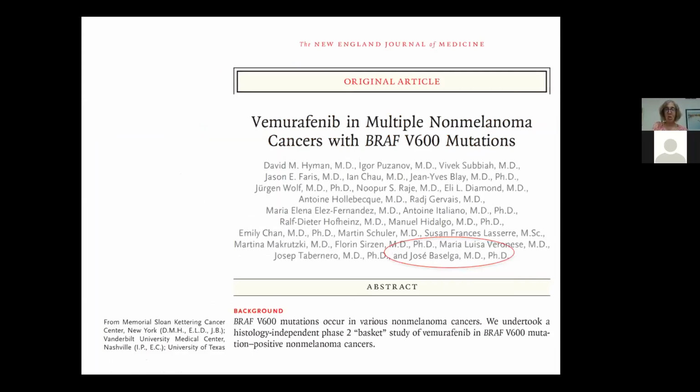Another thing you can do just to add some interest is, here we're coming back to this paper, this clinical trial, where vemurafenib, I can never say these drug names, vemurafenib in multiple non-melanoma cancers with BRAF V600 mutations. And here's the list of authors. It is the senior author who sort of spearheaded the research, probably had the funding for it, designed the project, was called Jose Baselga.